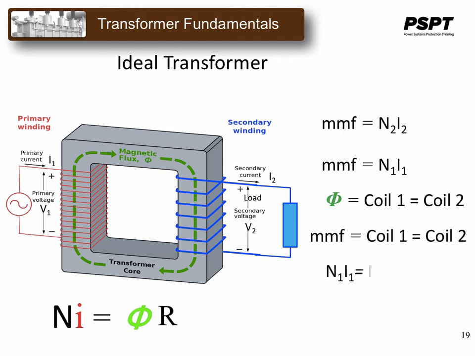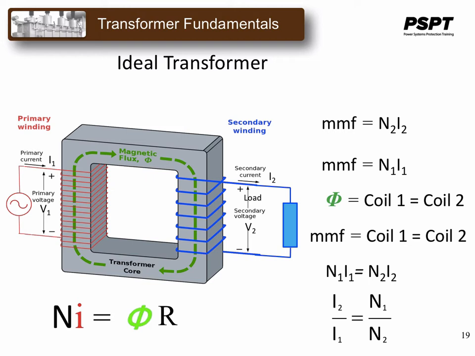So we can equate the top two equations. N1 I1 is equal to N2 I2. Or the ratio of the secondary current to the primary current is given by the ratio of the turns of the primary coil to the secondary coil.